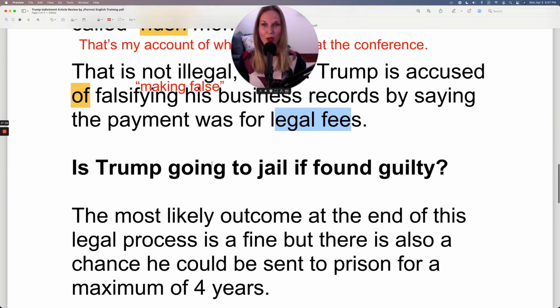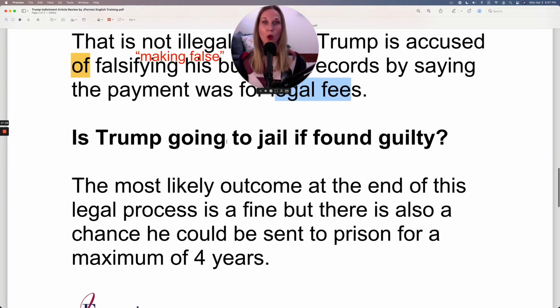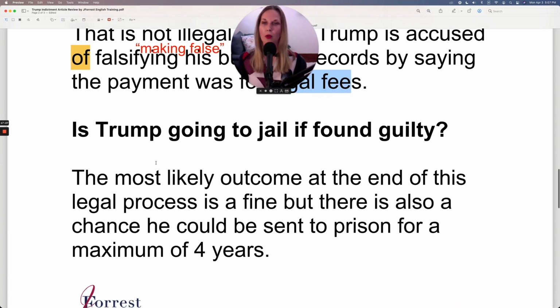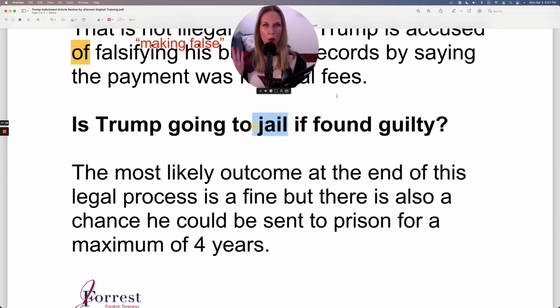So let's continue on. Is Trump going to jail if found guilty? Okay. Now, I think most students know this, but you can say jail or prison interchangeably. There's no difference between them. Prison, jail, exactly the same thing.